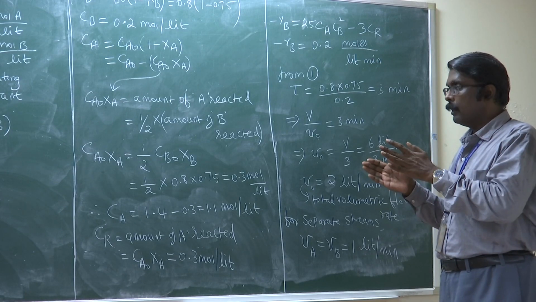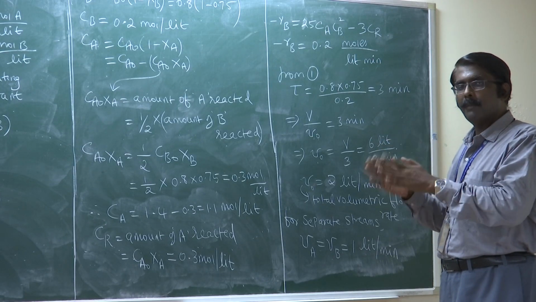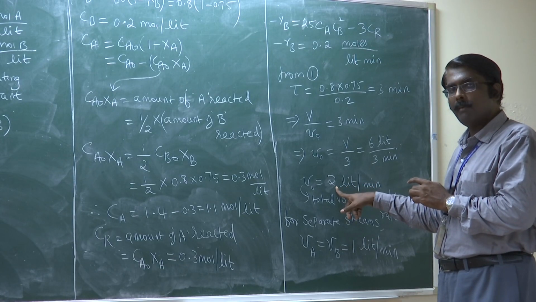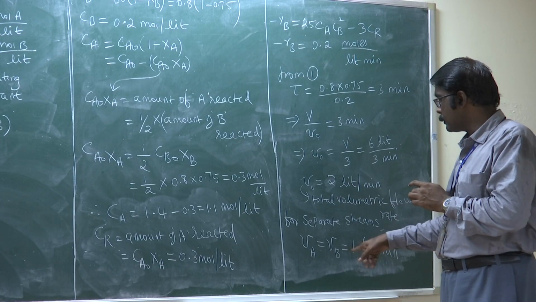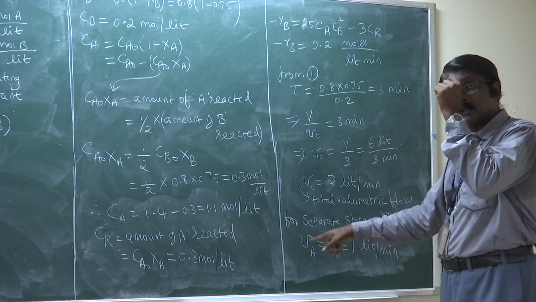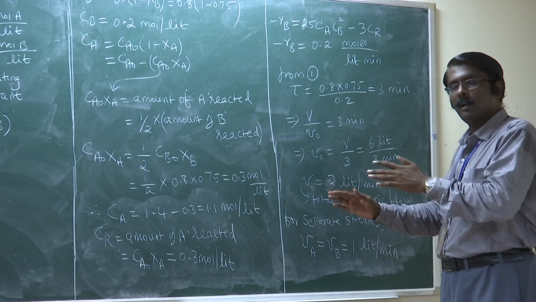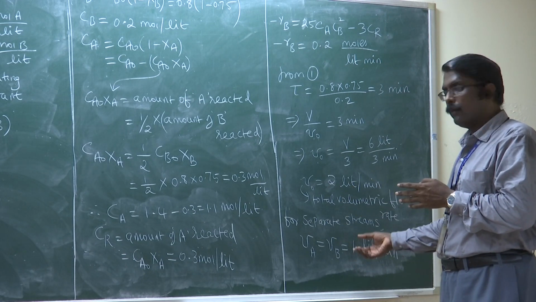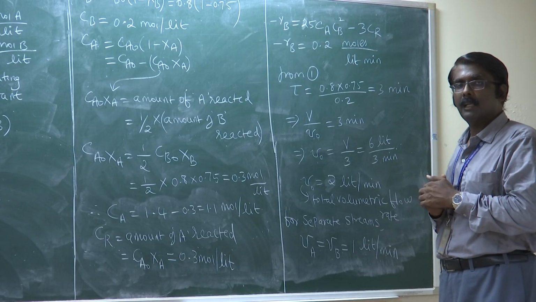That is why small VA is taken as 1 and small VB is also equal to 1, a 50% or equal contribution by both the streams. So this quantity only we have to find for the given problem, for the given MFR.